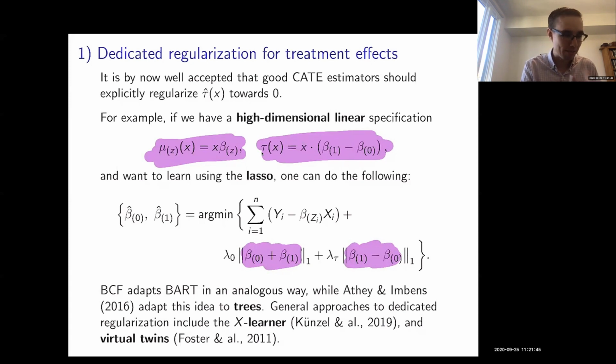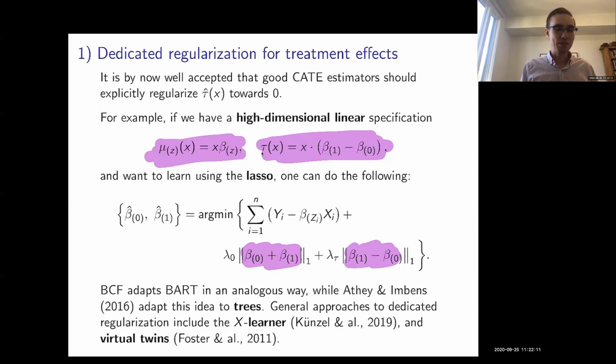And if you're familiar with the causal tree algorithm, they algorithmically modify this. You get this out of trees. The X learner and virtual twins are generic meta-algorithms that you can use to build this kind of idea into any machine learning procedure. So this is idea number one.